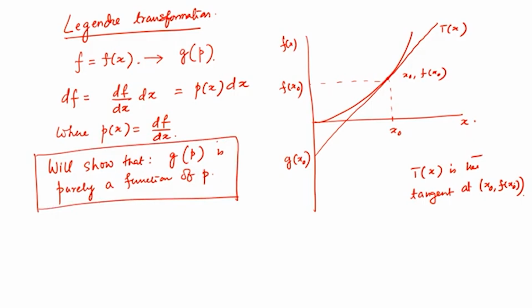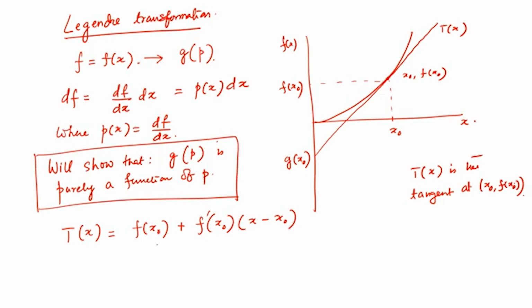Okay. Let me write down the equation for T of x. So, T of x, this line that you see is a tangent line, it is f of x 0 plus f prime at x 0 times x minus x 0. This is elementary geometry that we have, not trigonometry, geometry.